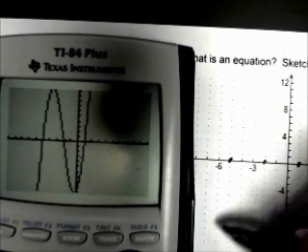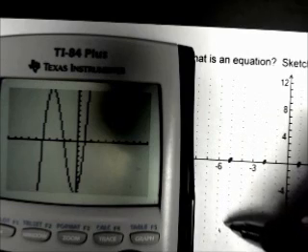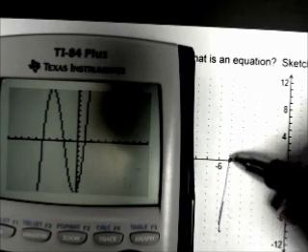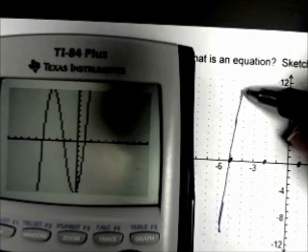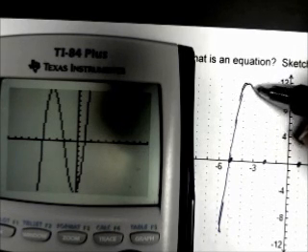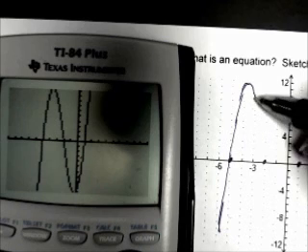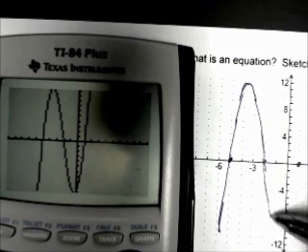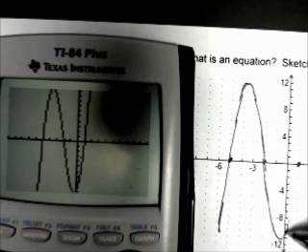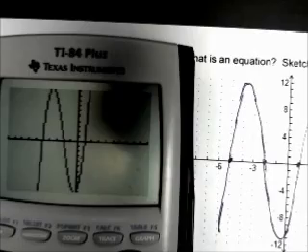So we see that it's coming up, and at 12, comes back around, back down, turning point, and starts increasing again.